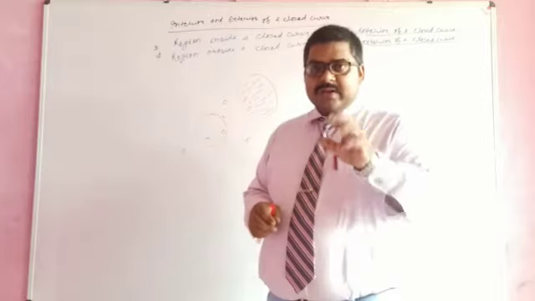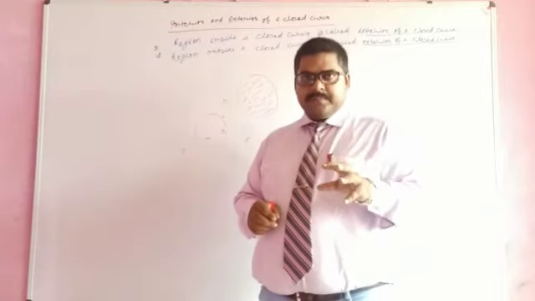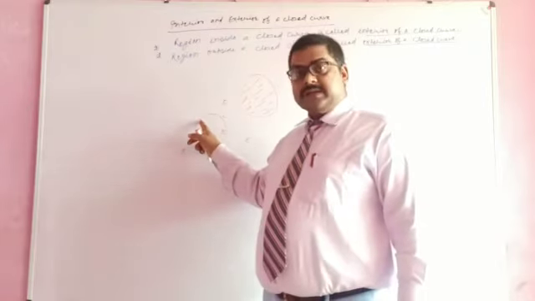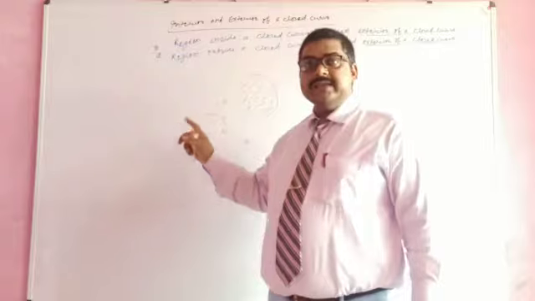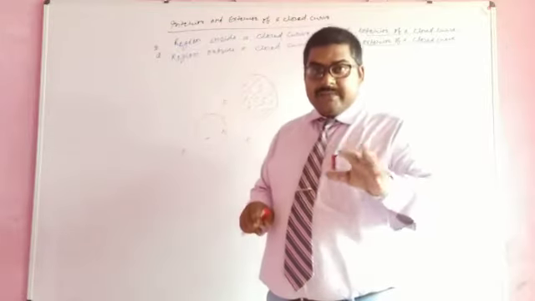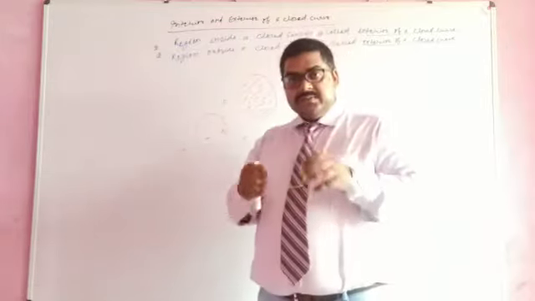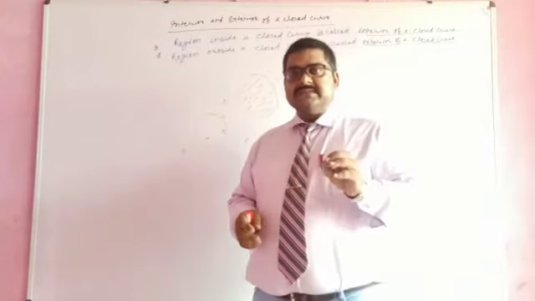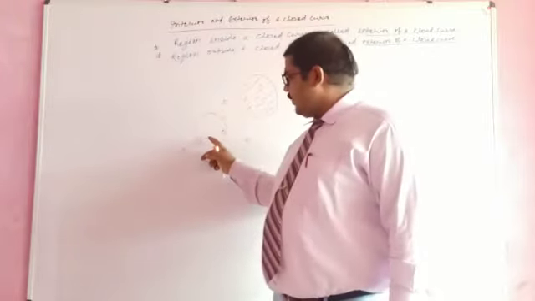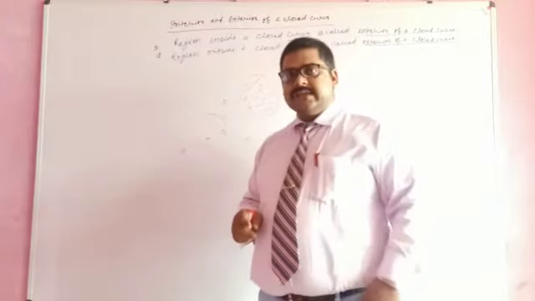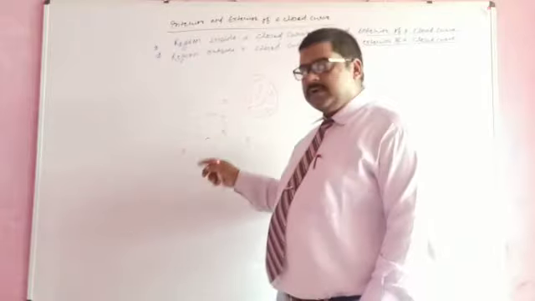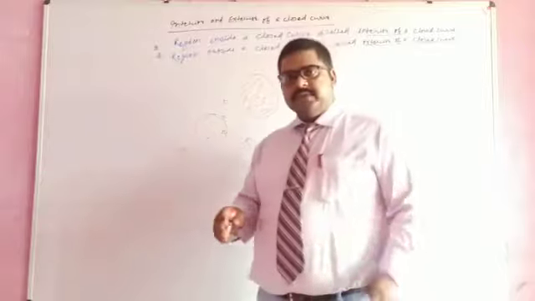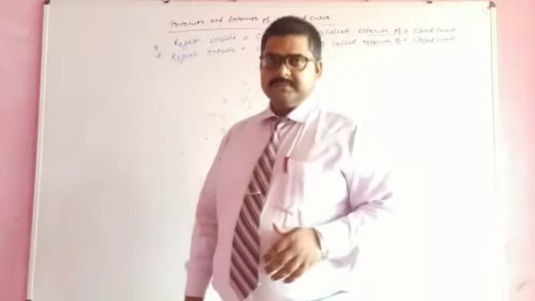So the circular region includes interior parts plus the area occupied by its boundary, and the exterior part in the case of a circle is the region outside of the boundary. In this case you only have to find the interior and exterior points. So interior points are A, B because they are located inside the boundary, and exterior points are D, E and F because they are outside of the boundary.